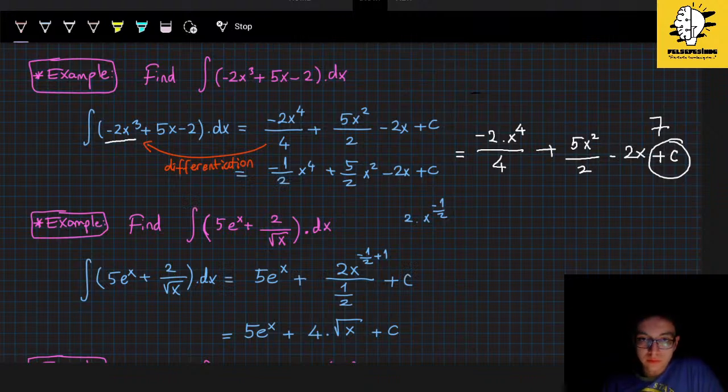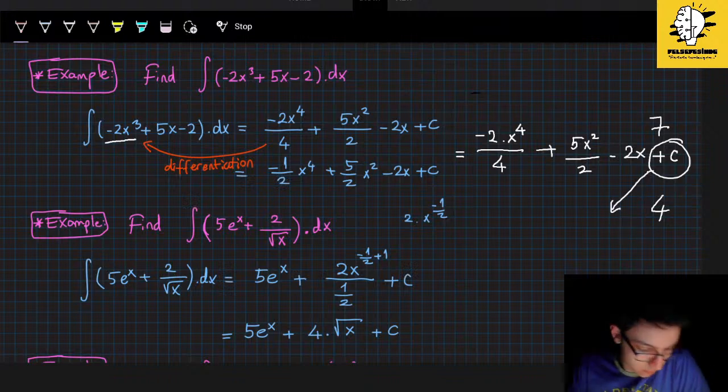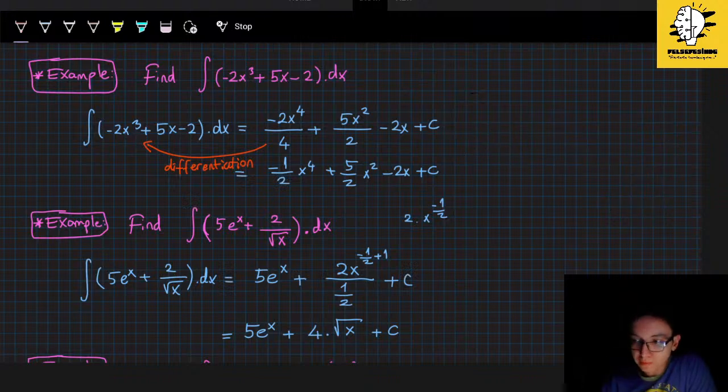Let's say, bro, can you tell me a number? Okay, 4. If you put 4 here, it's going to be 0 too. So you cannot find this value without having more details about the function. So we put c here. It is also constant and also unknown. Okay. Let me delete it. We solved it.